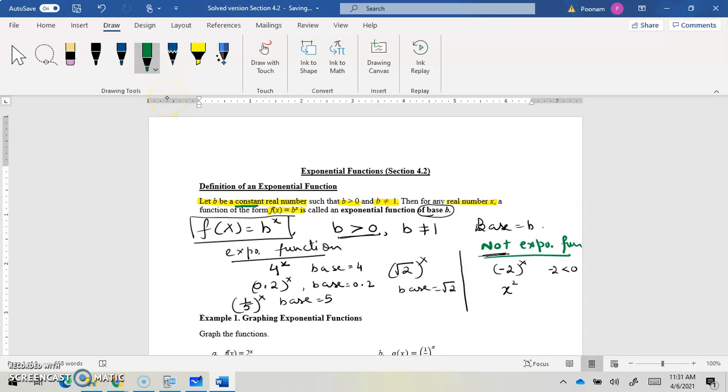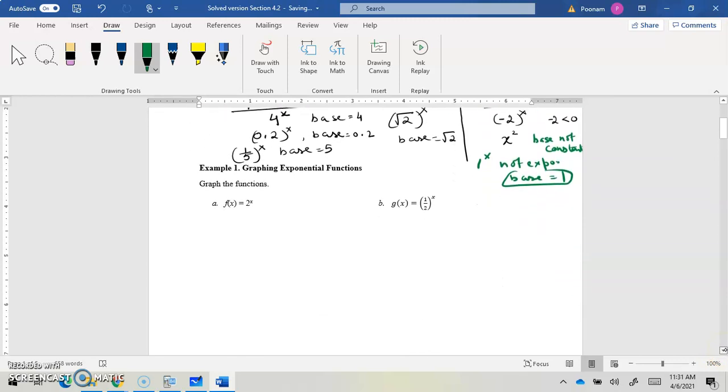The base has to be a constant real number, which is positive and not equal to 1. So the base is not constant, and this is not an exponential function. Or 1 raised to power x is not exponential because the base is equal to 1. We cannot have that. The base is not equal to 1, it is a constant number and it is positive. It also cannot be a negative number.